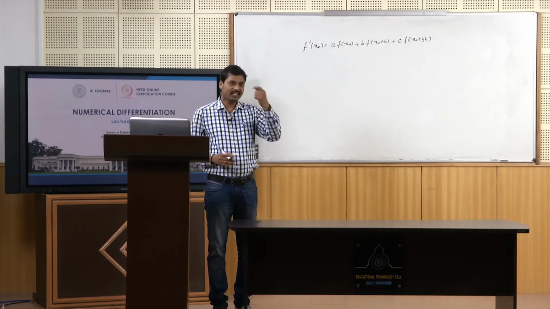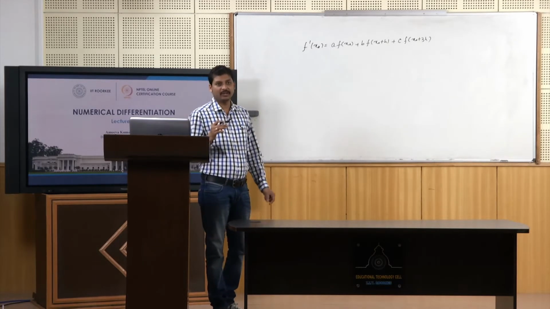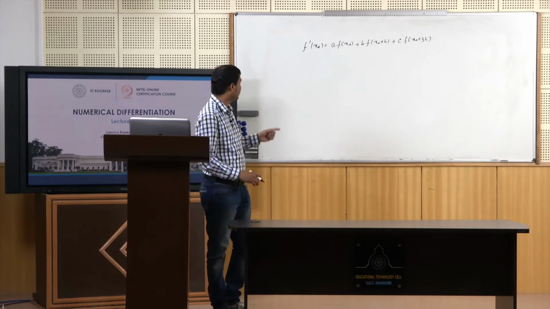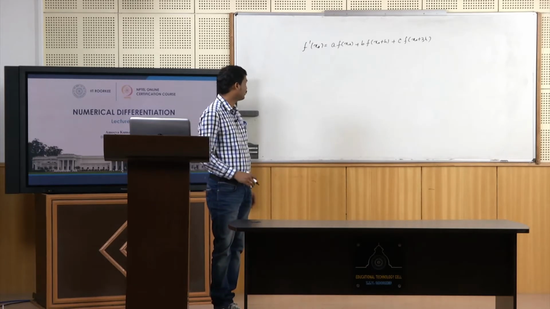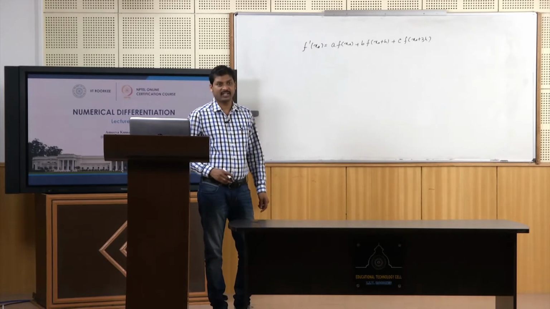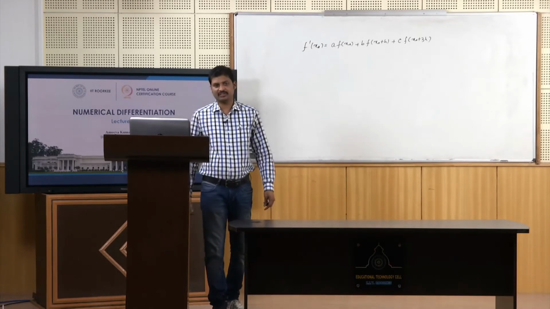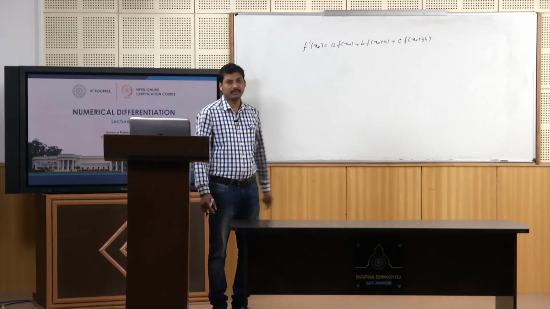Here the hint is that the first order derivative is prescribed at a particular point in the form of f of x 0 plus b f of x 0 plus h plus c f of x 0 plus 3h, and it is asked to find the coefficients for this derivative formula.